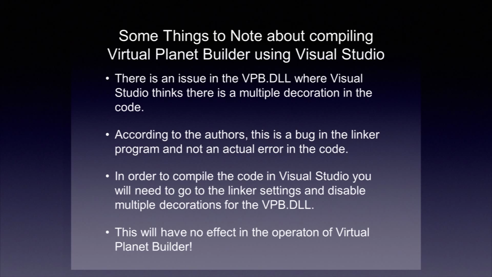There were some things to note in the first tutorial about compiling Virtual Planet Builder using Visual Studio. There is an issue in the VPB.DLL where Visual Studio thinks there are multiple decorations in the code, which arguably there are not, but according to the authors it's a bug in the linker, which is probably debatable.